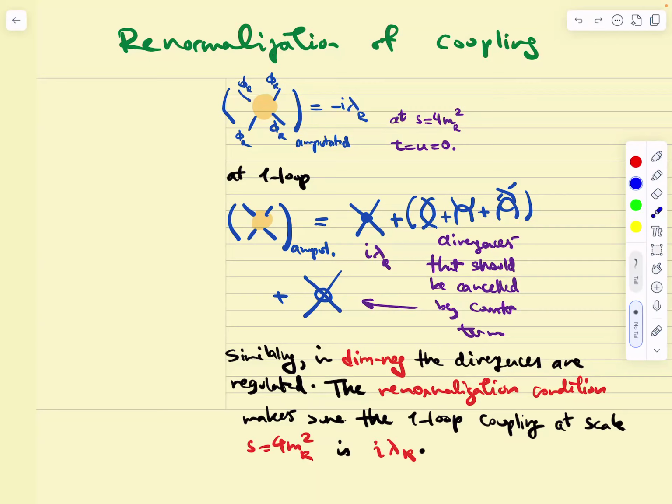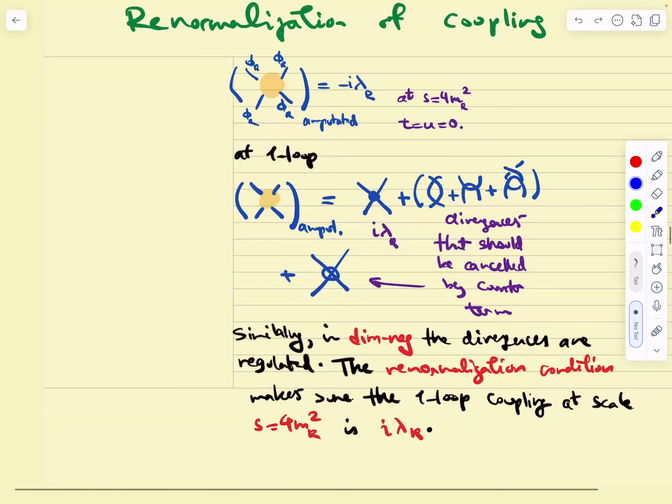If it has momentum, the energy is going to be like this. So the renormalization condition, when you put it at 4 m_R squared, you're taking a limit where these particles are colliding very, very slowly. Good.